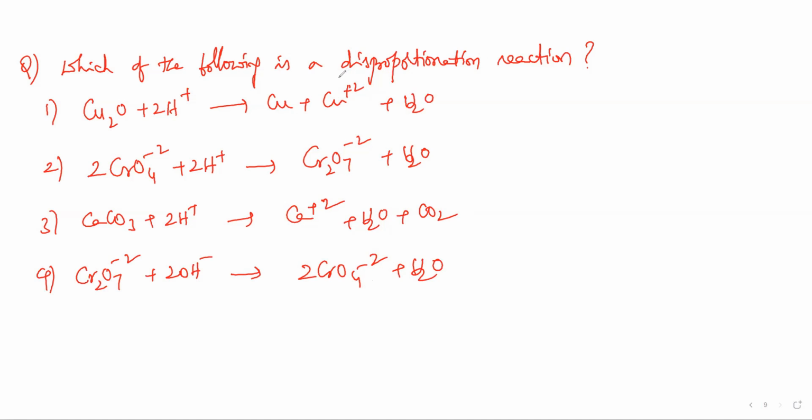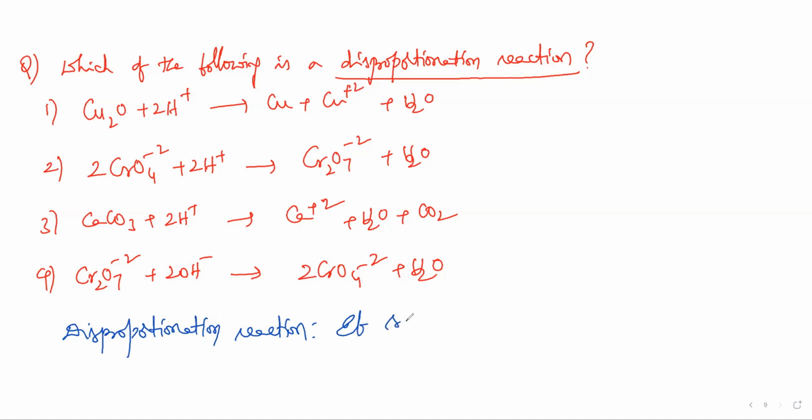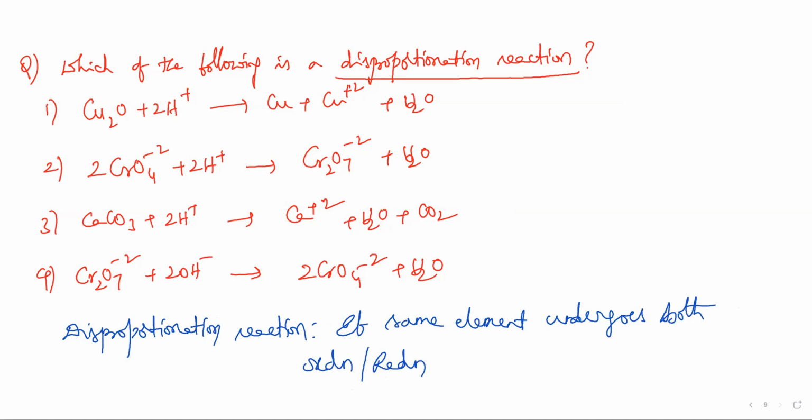First, you should know what a disproportionation reaction is. If the same element undergoes both oxidation as well as reduction, then the reaction is said to be a disproportionation reaction.